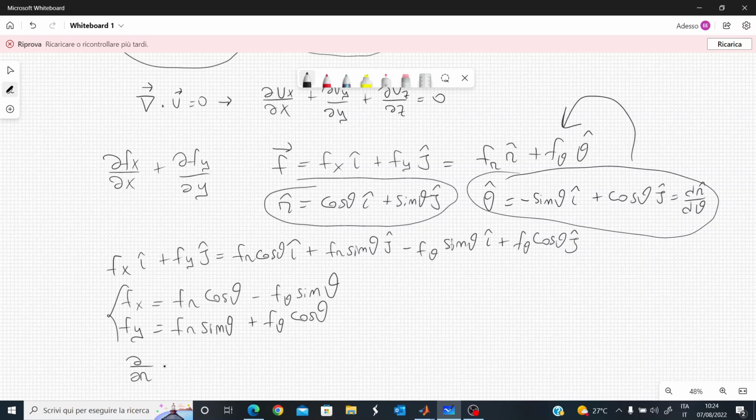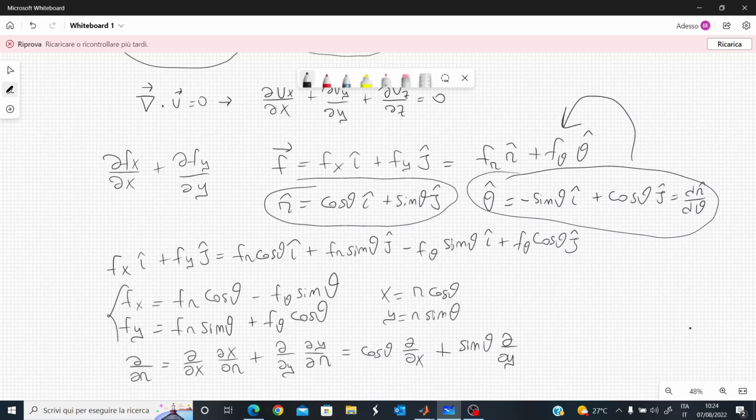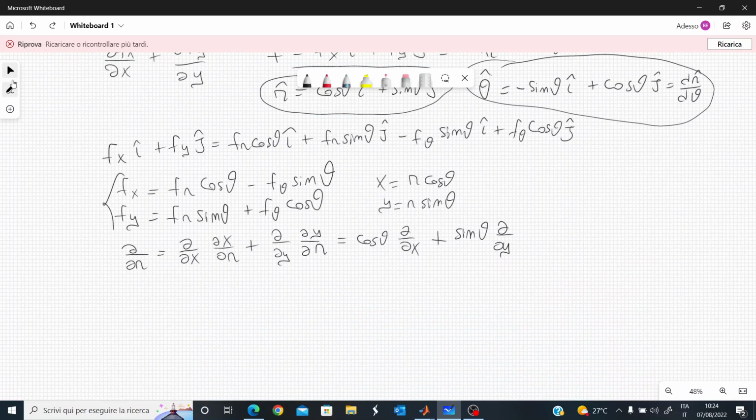For example, the derivative with respect to r is equal to d over dx, dx over dr, plus d over dy, dy over dr. And this is simply equal to cosine theta d over dx, because the derivative of x with respect to r is cosine theta, because x is equal to r cosine theta and y is equal to r sine theta. And then here we have plus sine theta d over dy, and then we also have d over d theta.